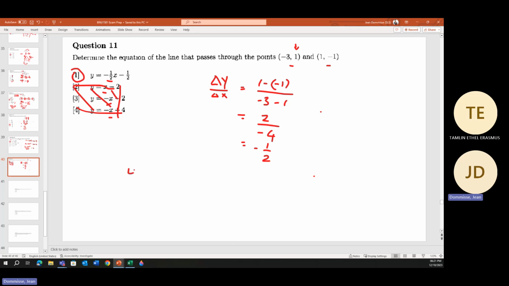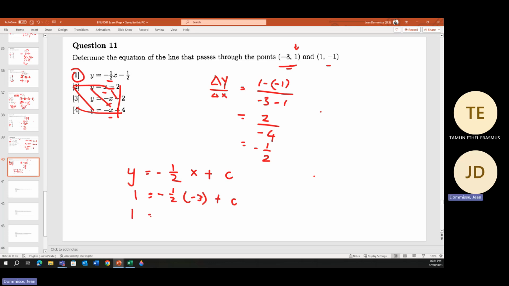If we have this formula, we can substitute any one of those points into it to solve for c. So let's put that first one in, where x is minus 3, your y is 1.